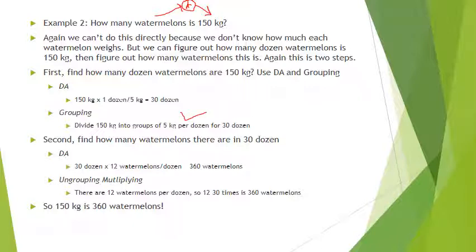Let me talk about grouping first. You know that each dozen watermelons weighs 5 kilograms per dozen. So if you have 150 kilograms, you divide that up into groups of 5 kilograms, and you end up with 30 dozen.